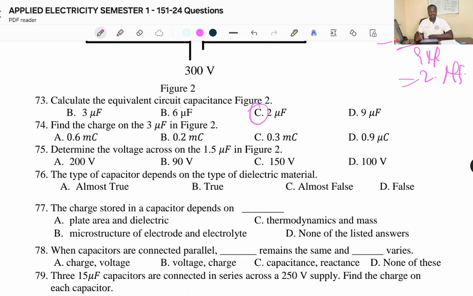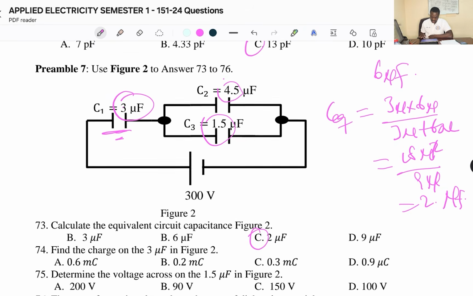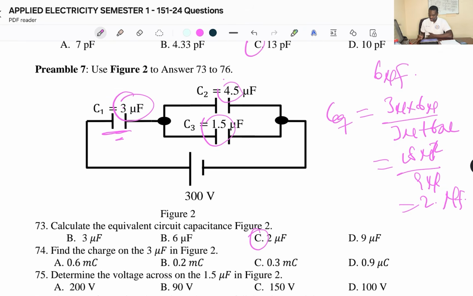Question 74. Find the charge on the 3 microfarad in figure 2. So if we go to figure 2 here, we are interested in the charge. We already know the equivalent circuit capacitance, which is 2 microfarad.